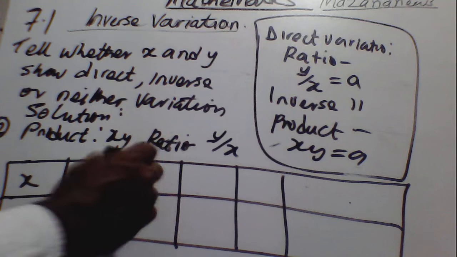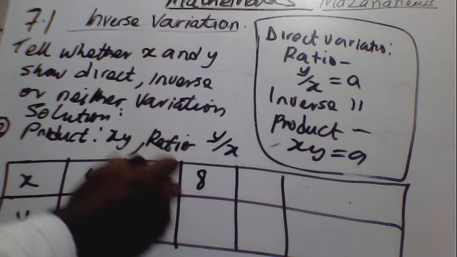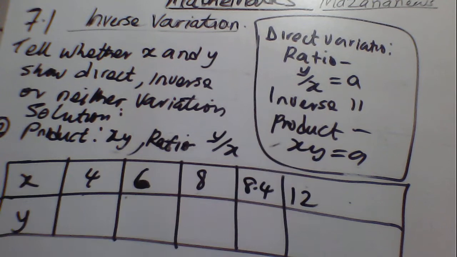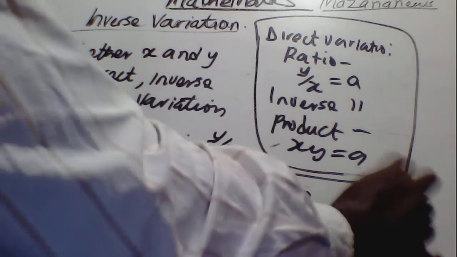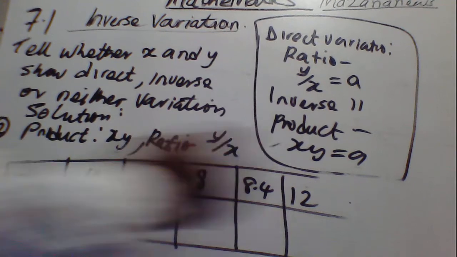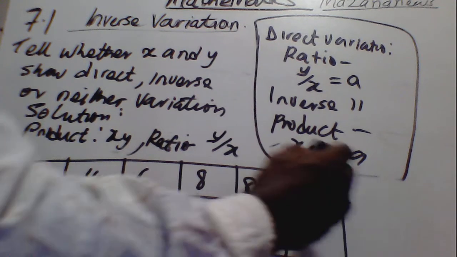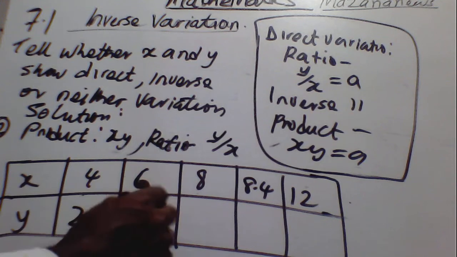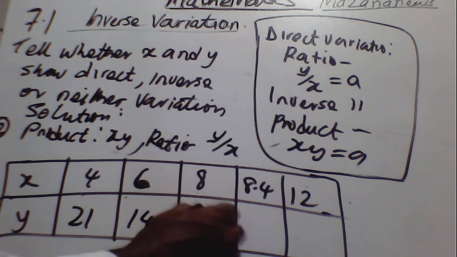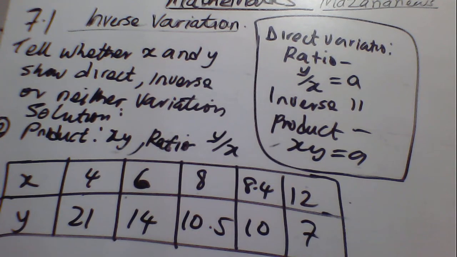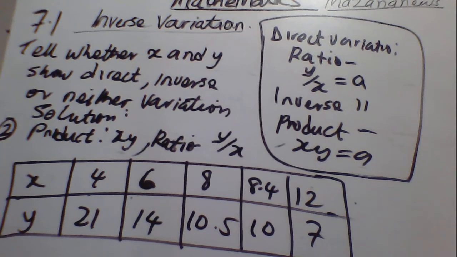We have 4, 6, 8, 8.4, 12. Here is 21, here is 14, 10.5, here is 10, and here is 7. You are required to prove or show whether this is inverse or direct variation.